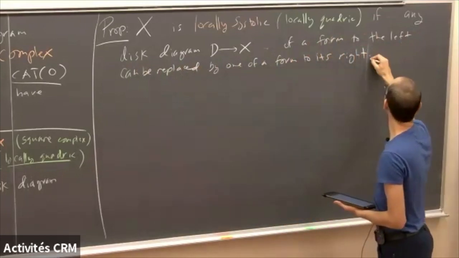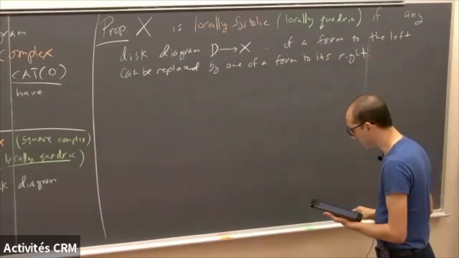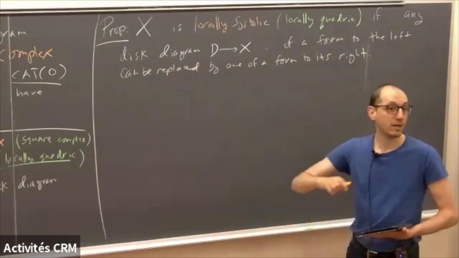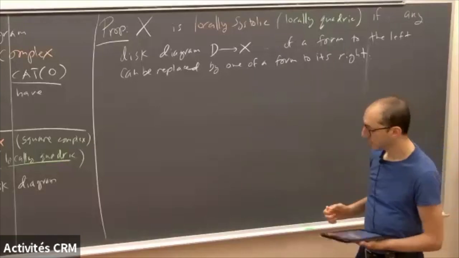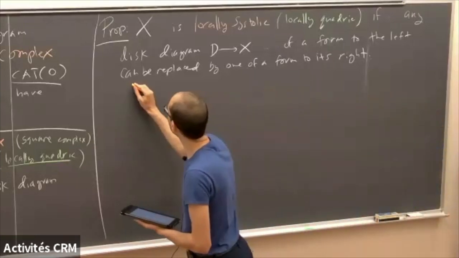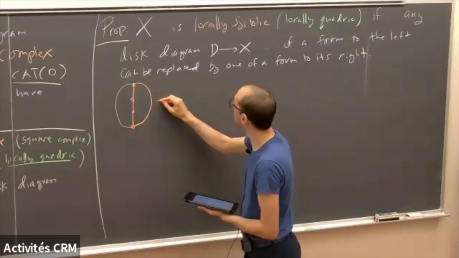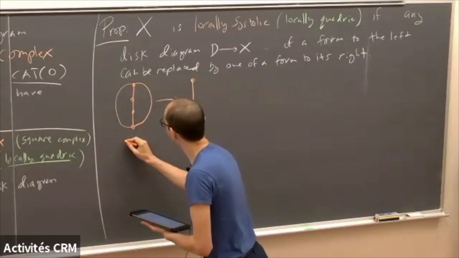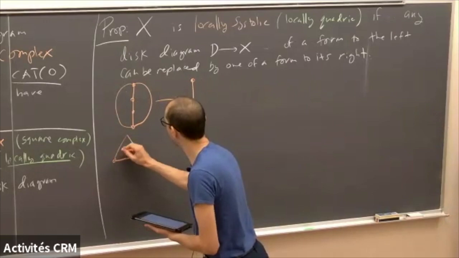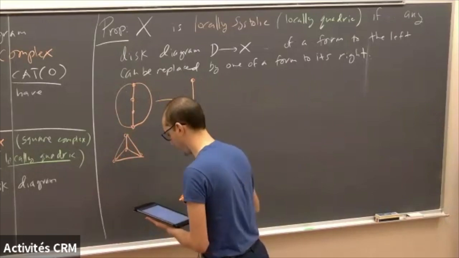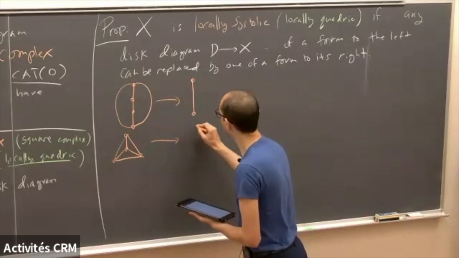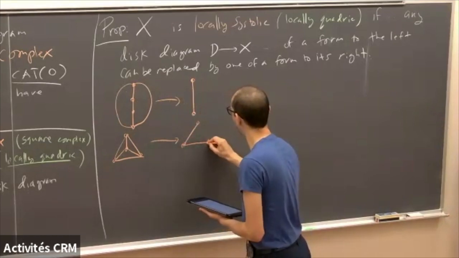Okay, I haven't said anything, but I'm going to give a bunch of local replacement rules that ensure that our complex is locally systolic or locally quadric. Okay.